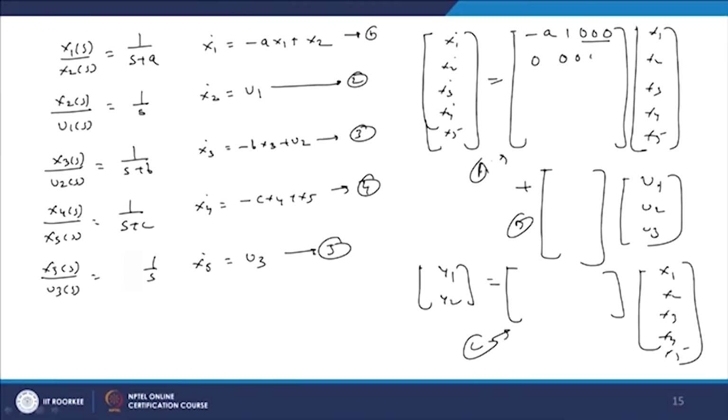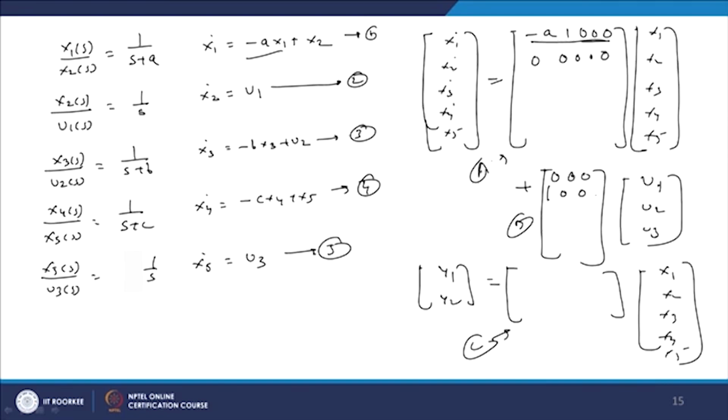So, we write down 0 0 0 0 0, but u1 is 1. So, here we can write 1 0 0, whereas if you see the first equation, I have written 0 0 0. There are no elements of x1 dot corresponding to u1, u2, u3, that is why we wrote 0 0 0, and for this we have written 1 0 0.